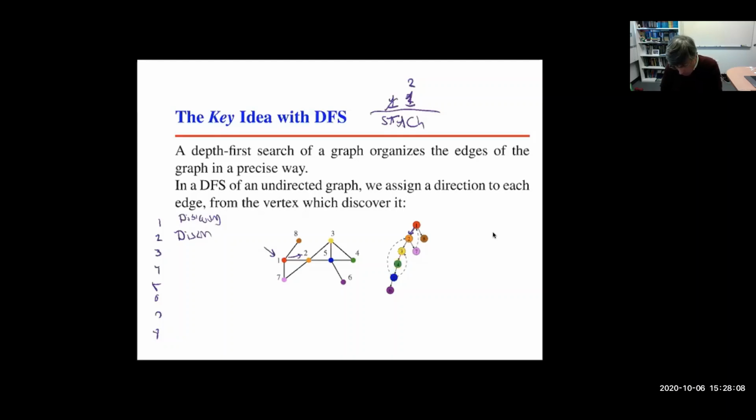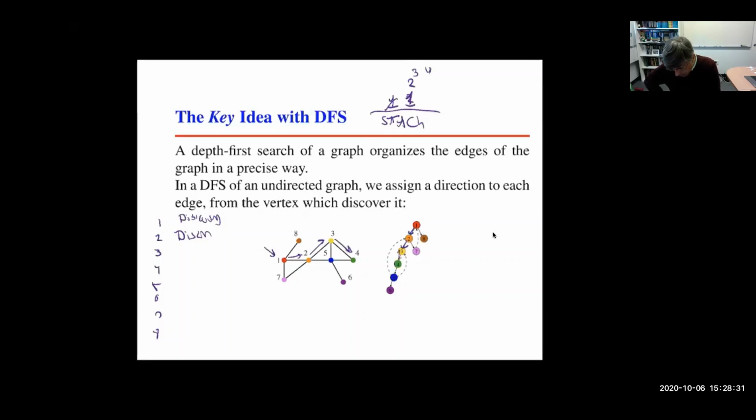Look at 2. What are my outward choices? 2's neighbor is 3. And that's a new discovery. I'm going to put 3 on my stack. And I have discovered the edge 2, 3. From 3, I look at the outgoing edge, and son of a gun, I have discovered a new vertex, number 4.